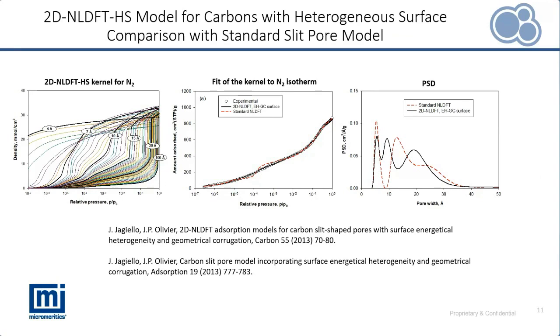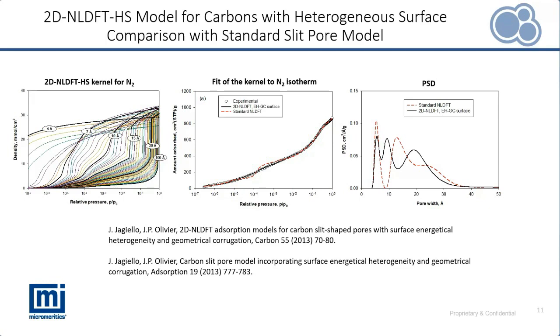So we were inspired by these results, and we modified the standard slit pore model by introducing heterogeneity and corrugation to the pore walls. This can be done by extending the one-dimensional model for slits to a two-dimensional NLDFT model for heterogeneous slits.